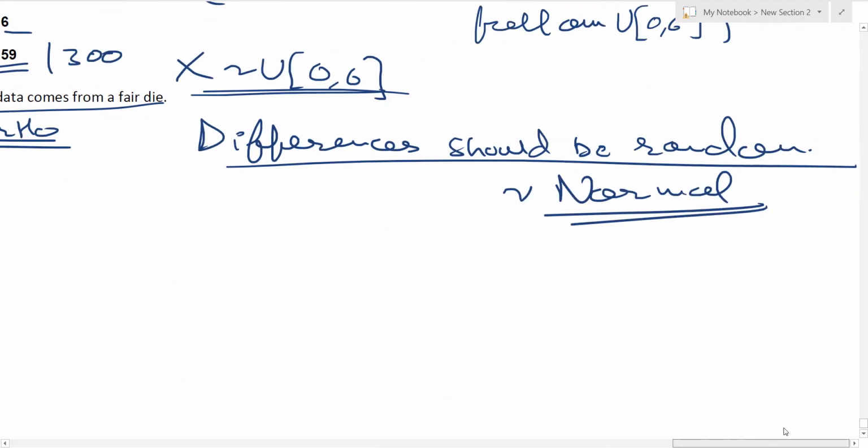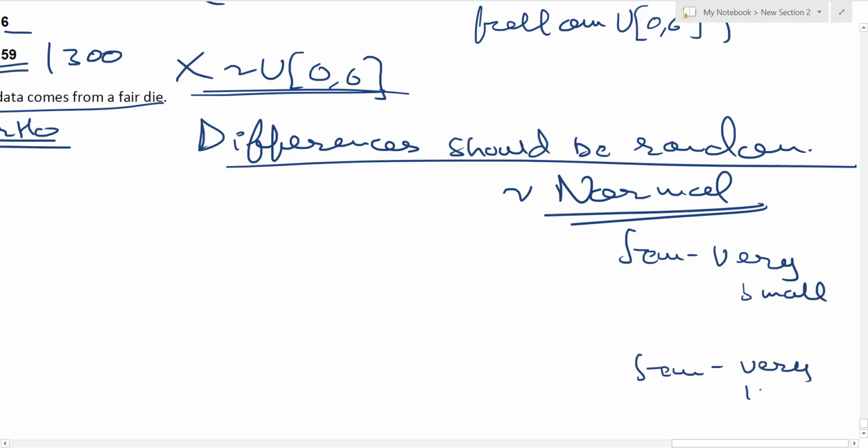A few differences will be very small. Random always means normal. There is no bias. It's totally unbiased, totally unskewed. Few differences will be very small, few will be very large, and most will be at the average.